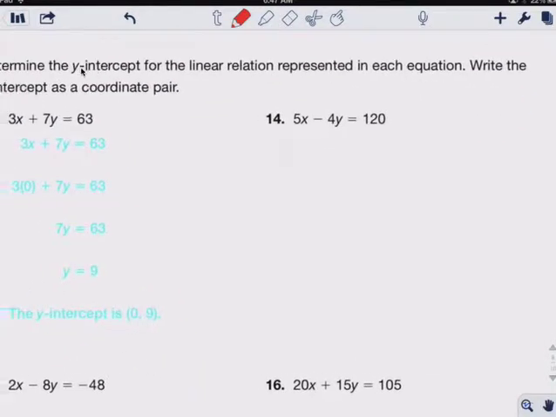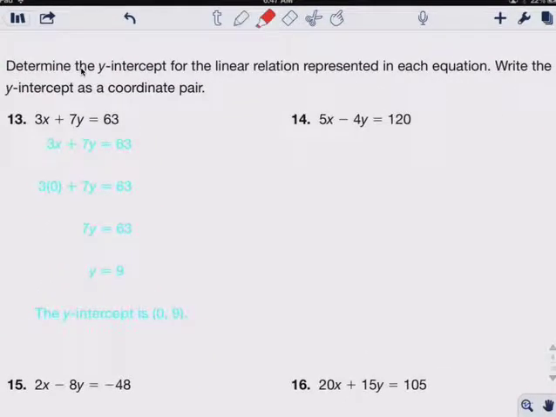Finding the y-intercept. This one all of you should know. Writing the intercept as a coordinate pair. So we need to determine the y-intercept and write it as a coordinate pair.